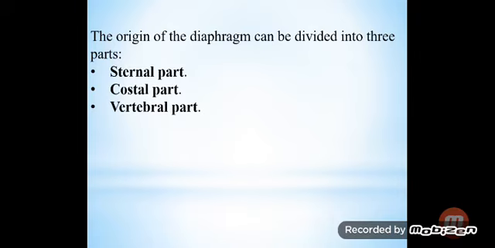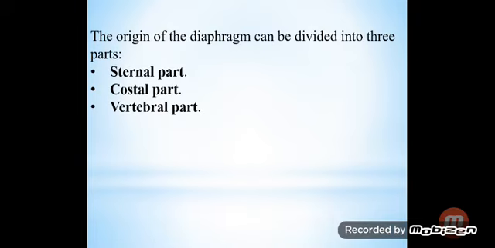The origin of the diaphragm is not from one single region, no. The origin is from three different parts: sternal, costal, vertebral, all of these give origin to the diaphragm. So the sternal part, from the name, arises from the posterior surface of the xiphoid process. As you know, the xiphoid process is the third part of the sternum.